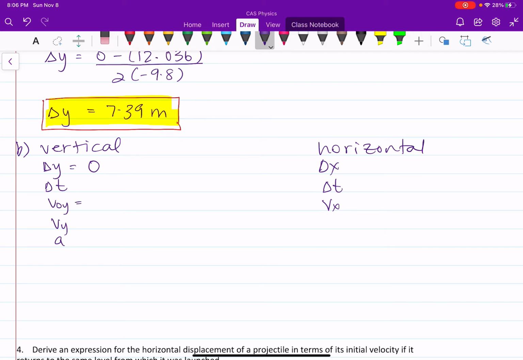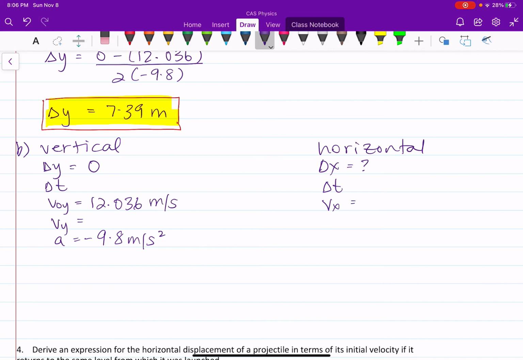This hasn't changed. It's the same number as before. I'm just going to put it in. V naught y is 12.036 meters per second. I don't know what the Vy equals, but I do know that a is negative 9.8 meters per second squared. Over here, the horizontal displacement, that's what I want.